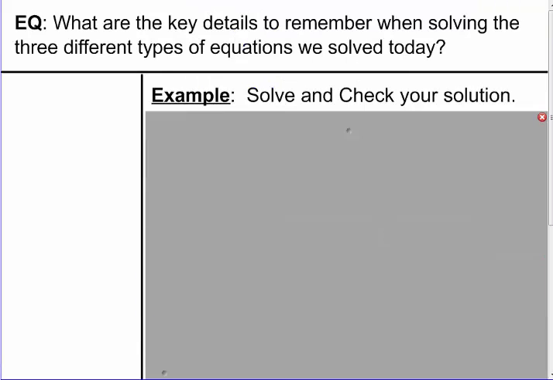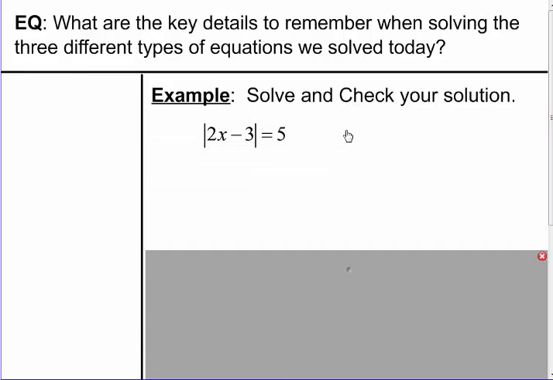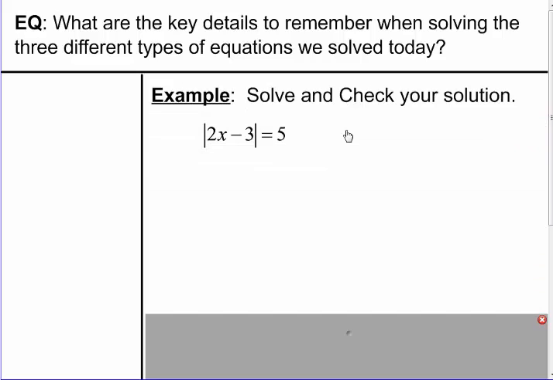So we're going to solve and check our solution for absolute value 2x minus 3 equal to 5. So remember the problems that we were looking at on the Explore section? How many answers did we have? 2. We had 2 answers each time, right? So when we solve this, we're going to have 2 equations that we need to solve.